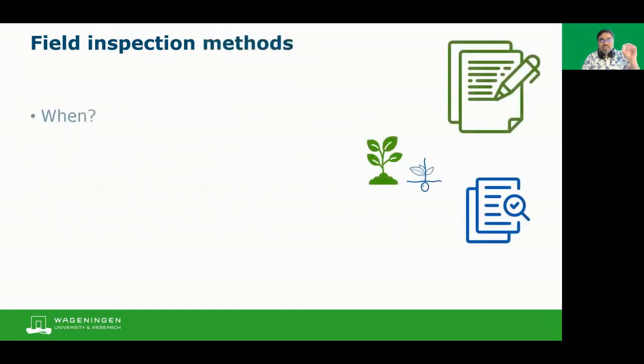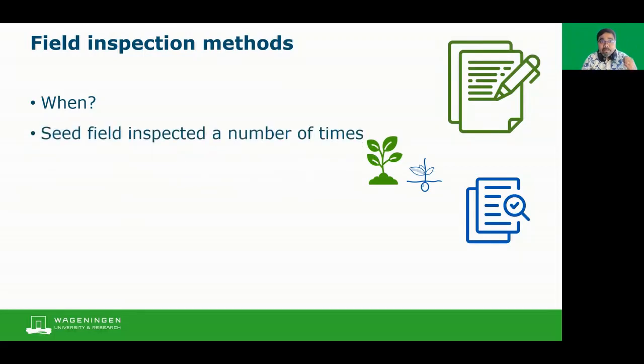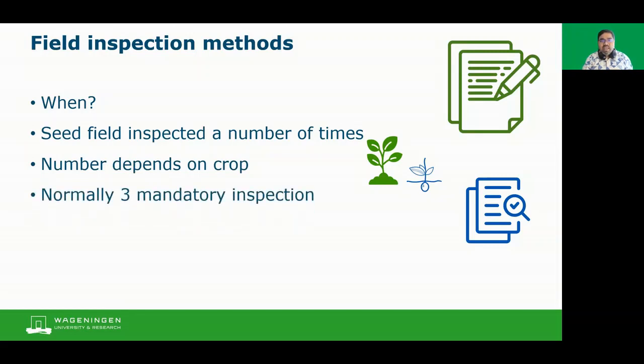Now we come to the field inspection methods. First question is when? A seed field is inspected a number of times, and this number depends on the crop we are dealing with. Normally there are three mandatory inspections. First is at sowing, where you verify a lot of things I'll be explaining soon.